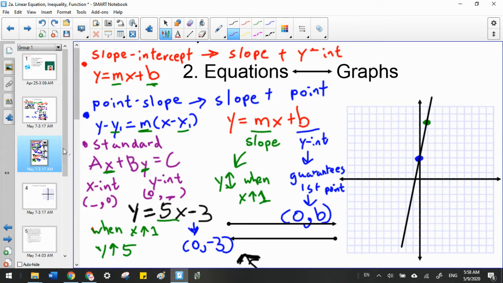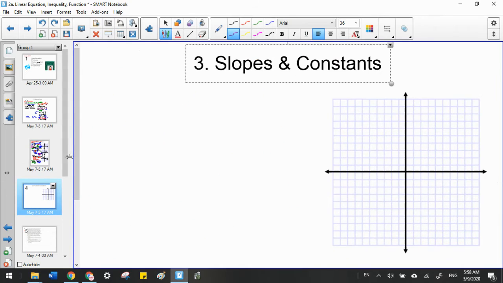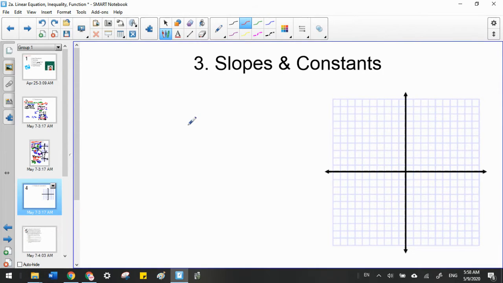And with those 2 concepts completed, let's talk about slopes before we really start trying to do today's problems. Next thing I wanted to talk to you guys about is the concept of slopes and constants. Let's take a standard equation and talk about what things we need to be aware of here.